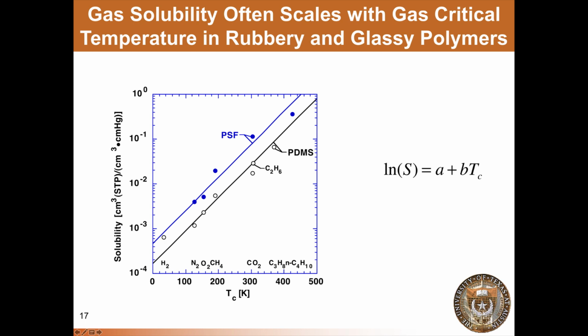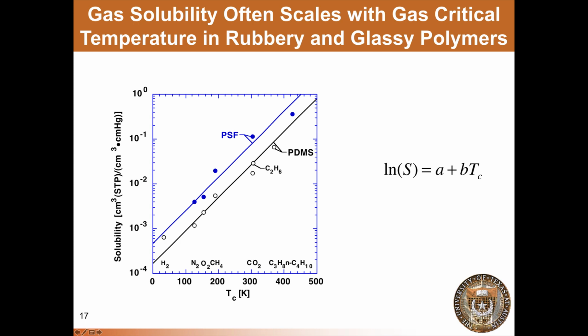Again, higher critical temperature corresponds to deeper Lennard-Jones well depth, higher normal boiling point, higher delta H of vaporization, more condensable penetrant. And the slopes on these lines are also the same. The lines are perfectly parallel.